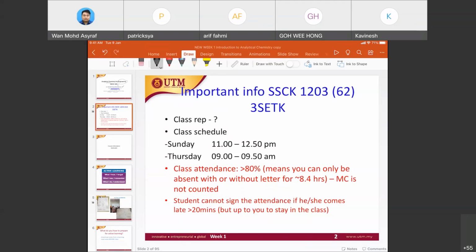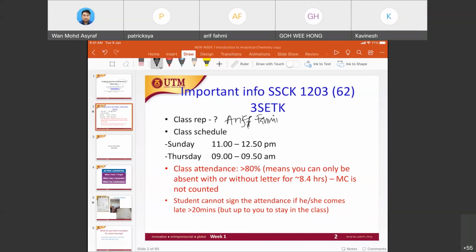Arif, can you be a class representative? If everyone agrees, maybe I can be, doctor. Okay. Does everyone agree for Arif to be the class representative? Okay, Imran said he agrees. Fath said agree as well. All right, so Arif Fahmi, yeah? So I'll put this here. Arif, one F only, okay. Okay, Arif Fahmi will be the class representative for this course.